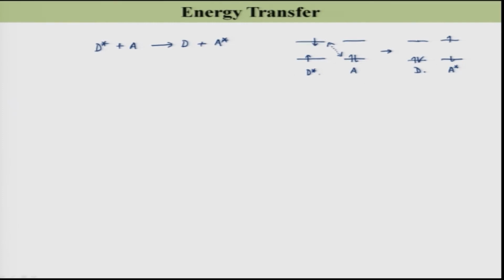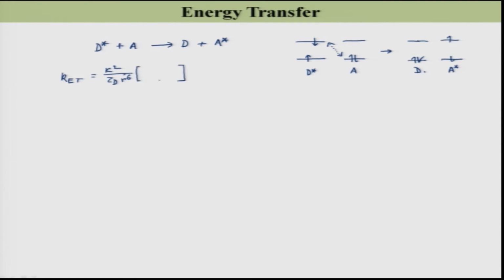Then again I showed you that equation, this K ET can be written as kappa square divided by tau d r to the power 6, and then some constant like this.